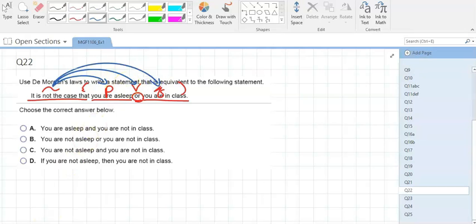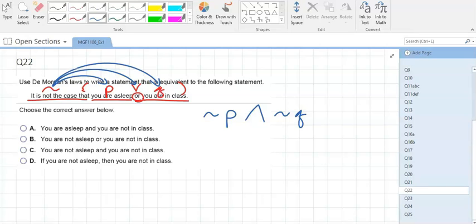So remember, negation means the opposite. What's the opposite of a regular P? A negation P. What's the opposite of an or? An and. And what's the opposite of a Q? A negation Q. So that's the statement that we're looking for down below.